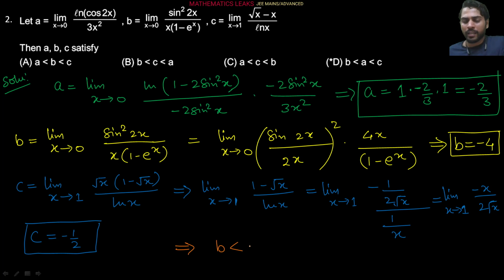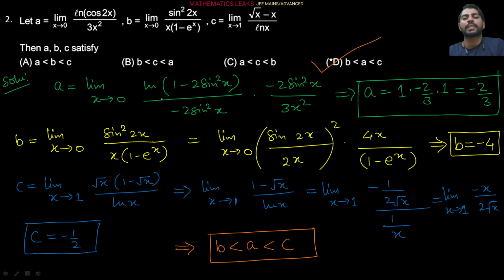So b is smaller than a and a is smaller than c. So this order is correct everybody. So b is less than a is less than c, and our D option is absolutely correct.